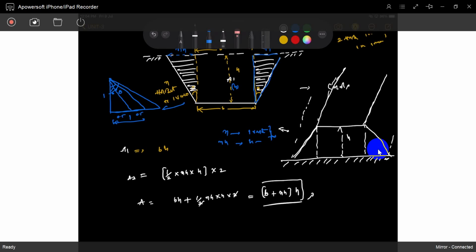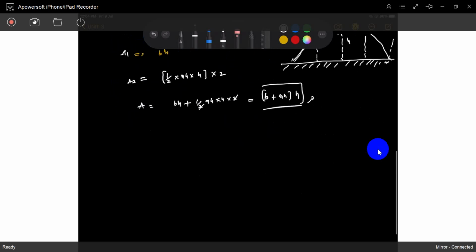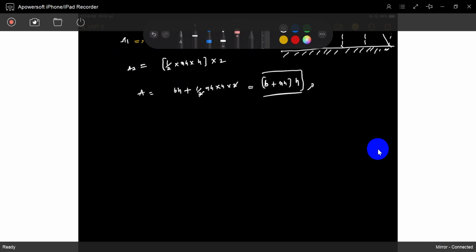Okay, this is the area. But in some situations, for example some sitting positions or entertainment areas, the area may not be exactly trapezoidal. This is a trapezoidal, na? The area may not be trapezoidal.